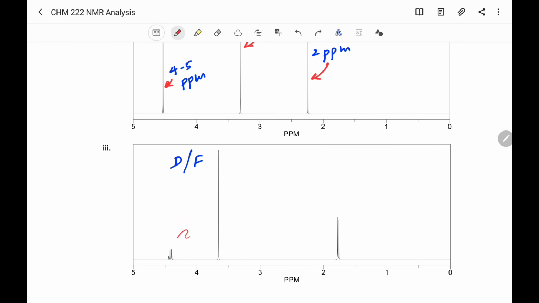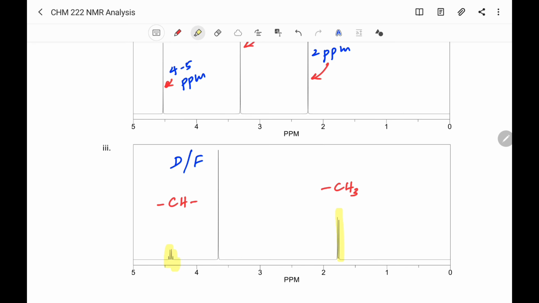So this guy right here has a CH3 neighbor. And then to get a doublet, you have to have a CH neighbor. So this peak right here is a CH3, and then this quartet is a CH.